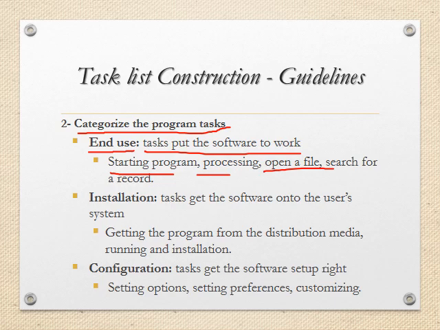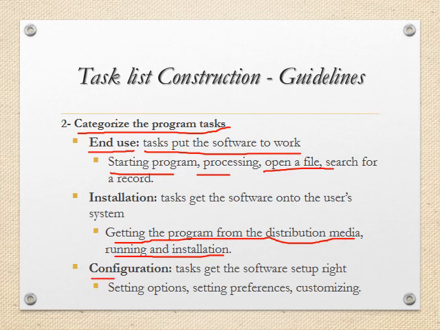The second category can be the installation tasks, the tasks that get the software onto the user's system, which are needed to install and build the software on your system. For example, getting the program from the distribution, downloading it, running it, and installing it.